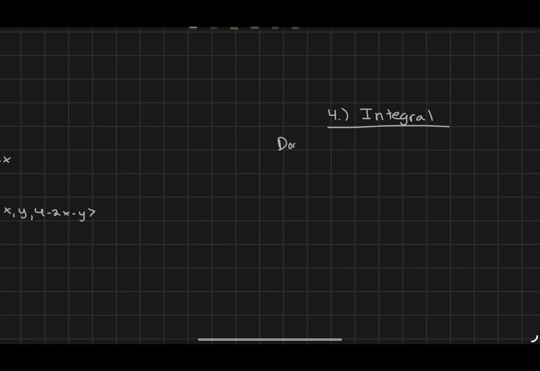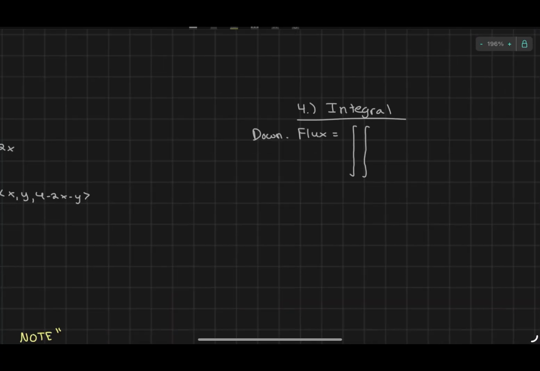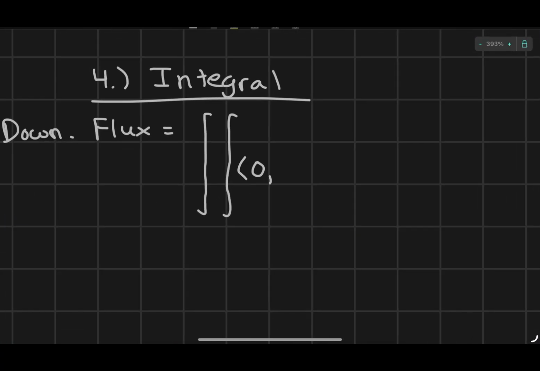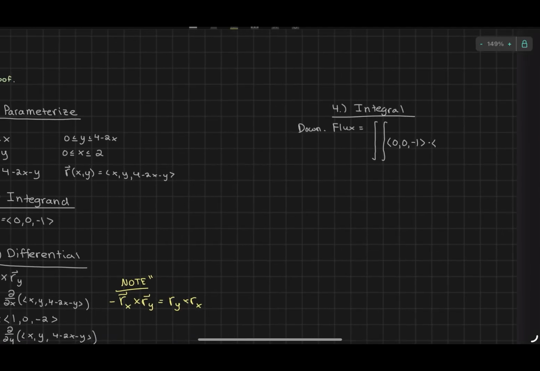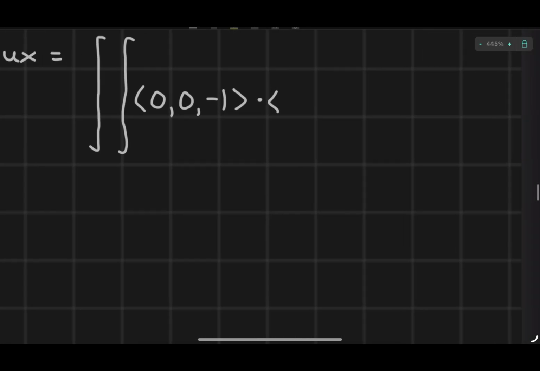So our downward flux is going to equal the surface integral of our integrand 0, 0, -1 dotted with our differential, which is -2, -1, -1.